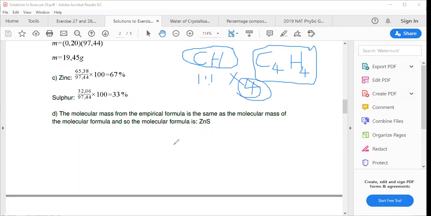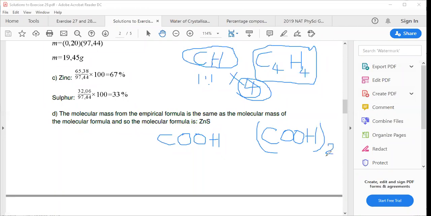Another example would be oxalic acid, COO. Actually, the actual formula is COOH, and then we multiply this by 2.